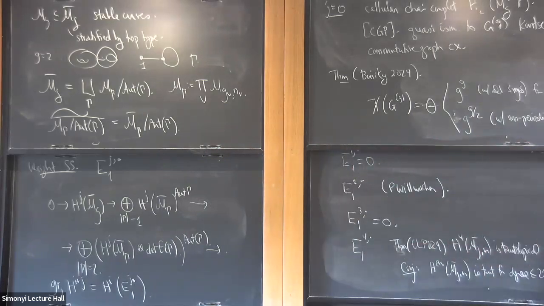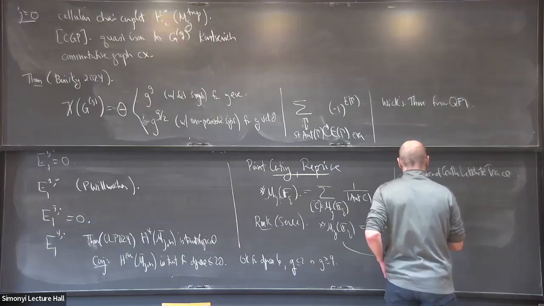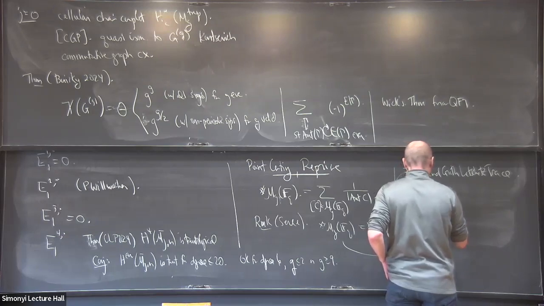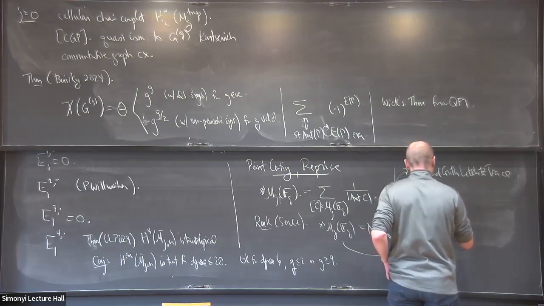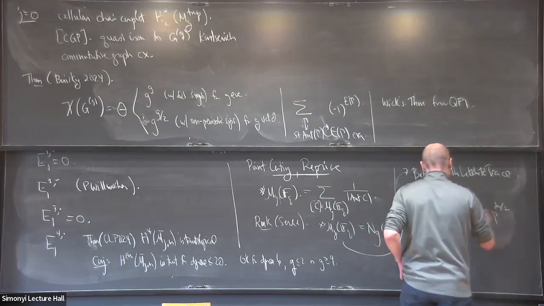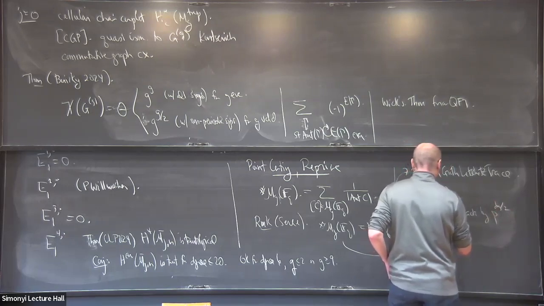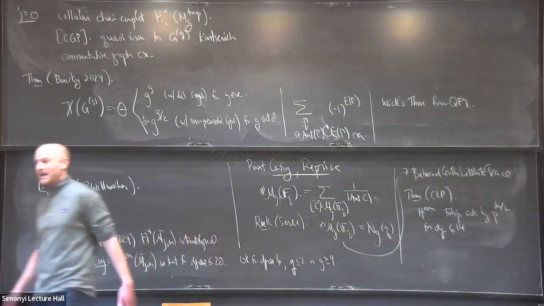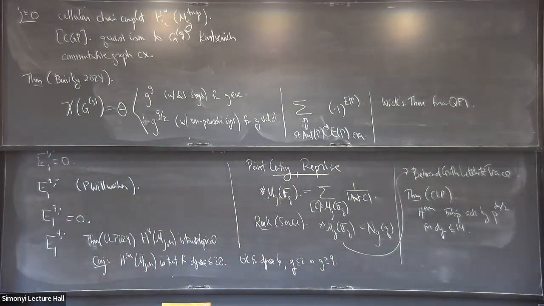In fact, a theorem with Canning and Larson is that on H^even, Frobenius at p acts by p to the degree over 2 for degree less than or equal to 14. We conjecture that this is true up to degree 20, but we can't quite prove that, but we can get up to degree 14. So we're not going to get any non-polynomial contribution from even rows up to 14.